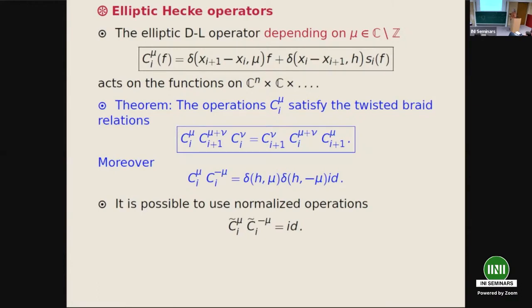And also you have a square. If you have mu, to obtain something of the good type, you are allowed to compose with the parameter minus mu, and then you get a function that depends just on h and mu, and does not depend on the variables x.